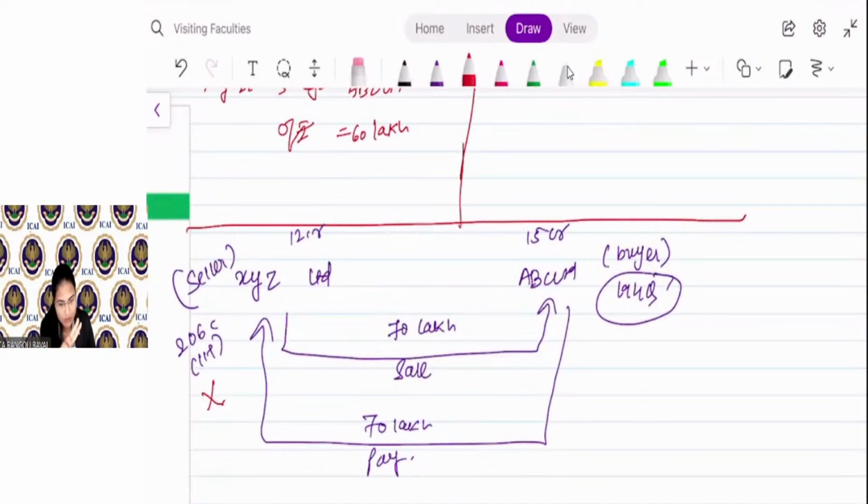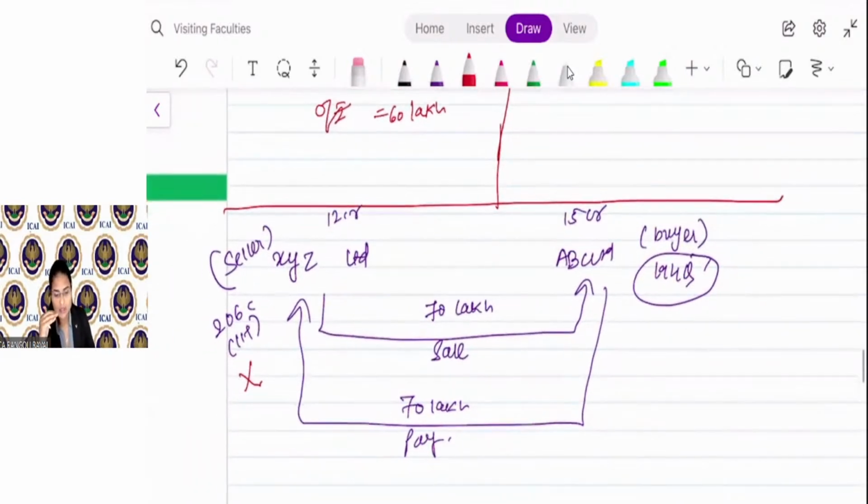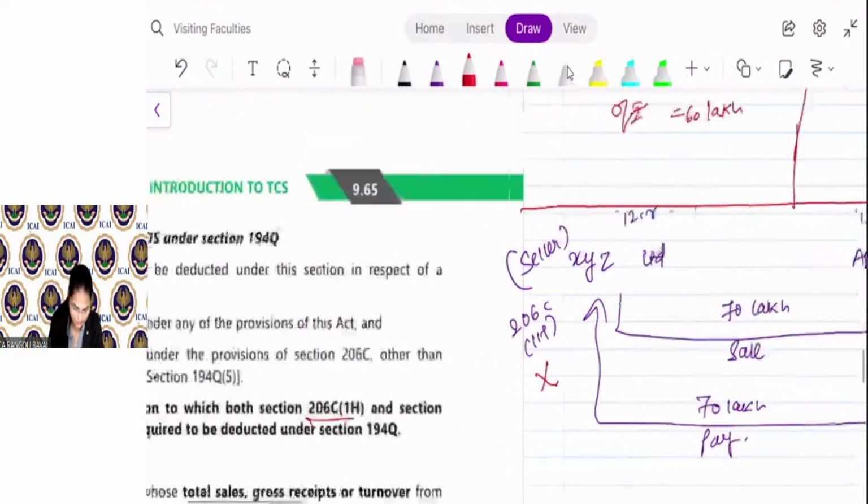Okay, there is no double taxation. CBDT has given a circular that if the TDS and TCS both are applicable, then only the TDS is deducted and not the TCS. Yes. Vimal Kumar, do you have any doubt? Yes or no?